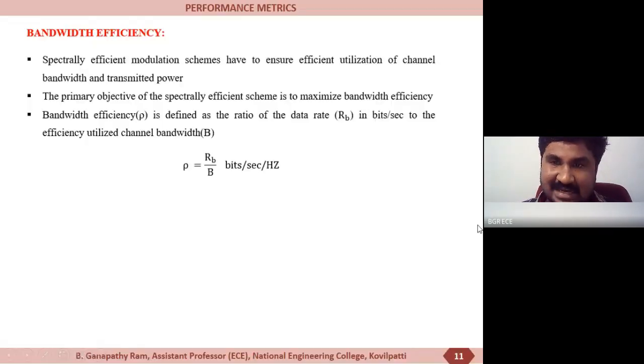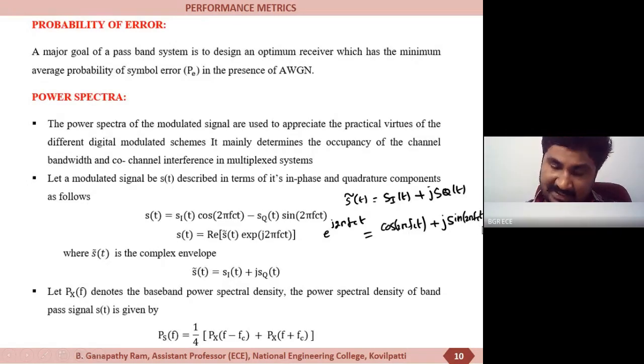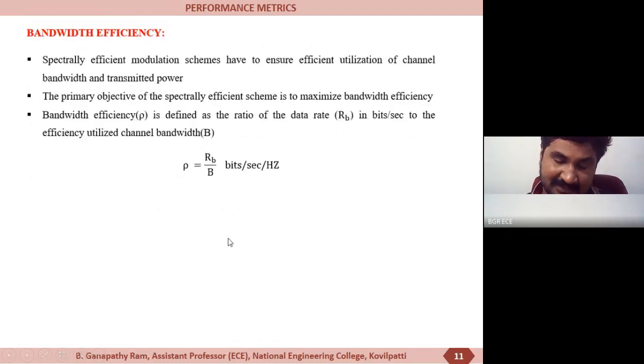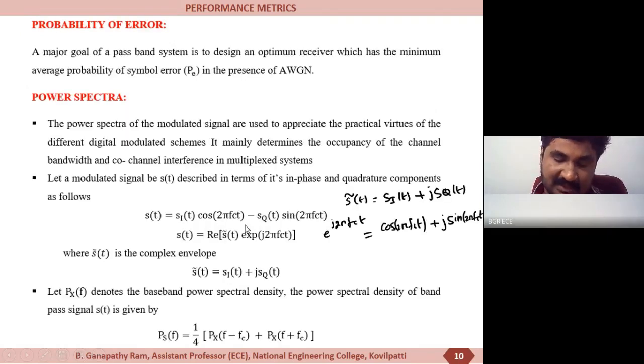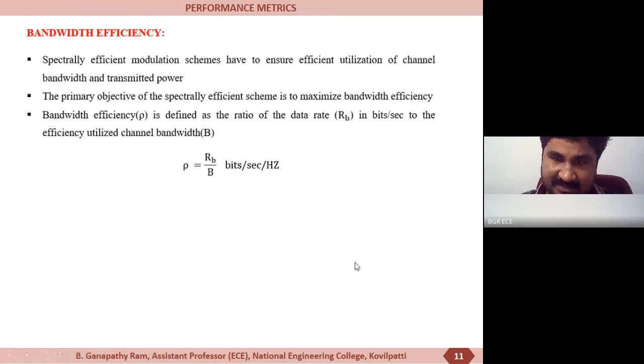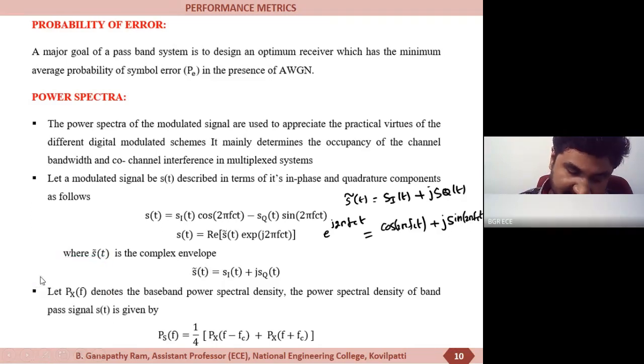So S of t is represented by the real part of the multiplication of the complex envelope S tilde of t and e to the power of j 2 pi fct. The power spectrum of this signal and this complex envelope is called the baseband information. This complex envelope is called the baseband data, which we can represent as x of t.